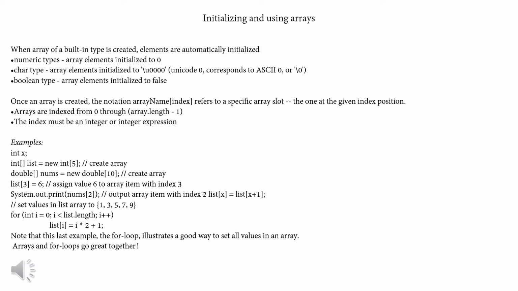So as you see here, you can see some very simple examples, and later I'm going to write some code so that you will be more familiar with arrays and how you can create arrays and how you can initialize them.